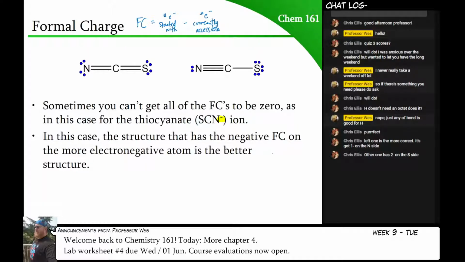All right, so let's calculate the formal charges here. So I got nitrogen. Nitrogen starts with 5 valence electrons, but here it's got 1, 2, 3, 4, 5, 6. So there's its formal charge. I should be writing these with the charge second, actually.